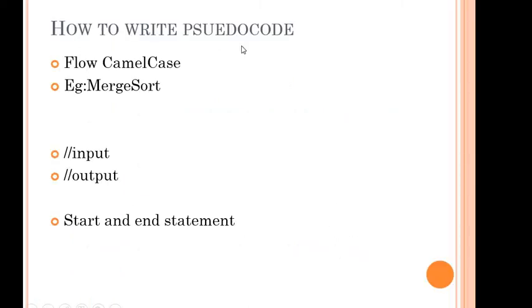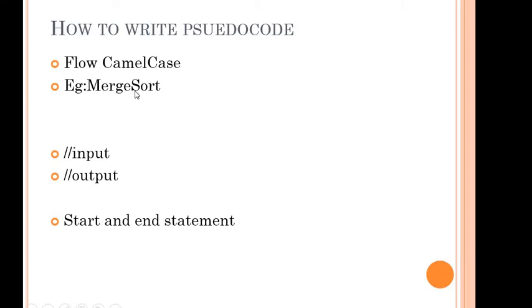How to write a pseudocode? The steps we are going to see in this slide are explained in our prescribed book. We have to follow camel case while giving the name for the algorithm. Camel case means each and every word should start with a capital letter.